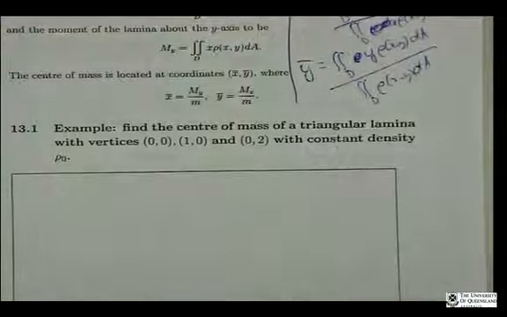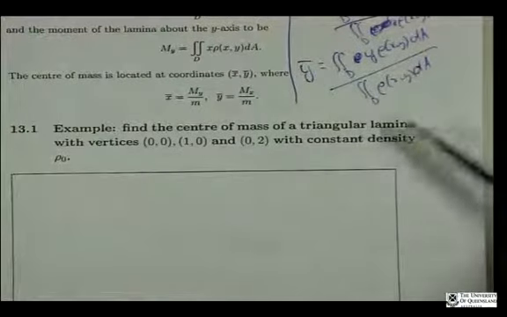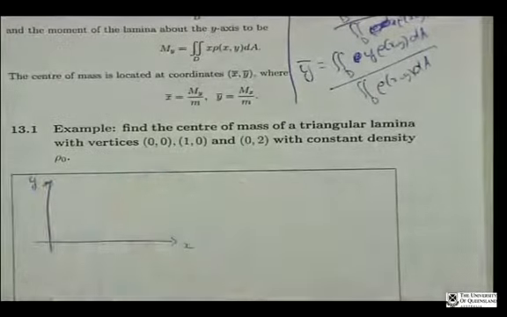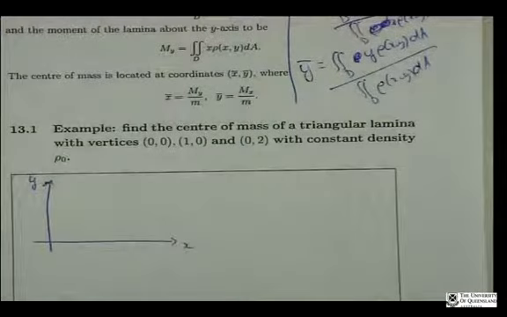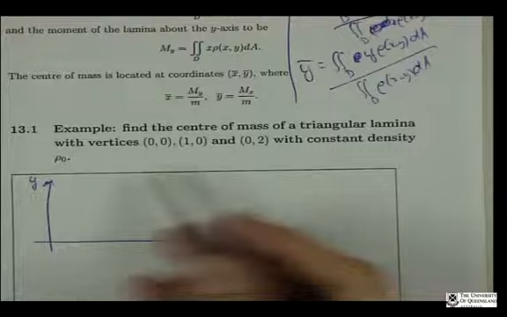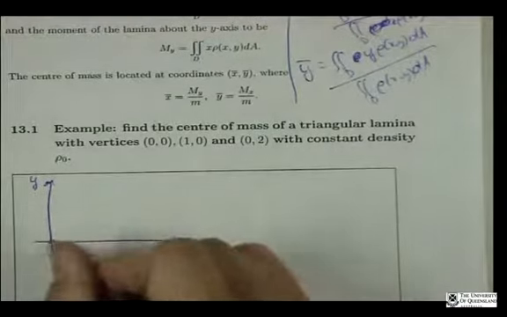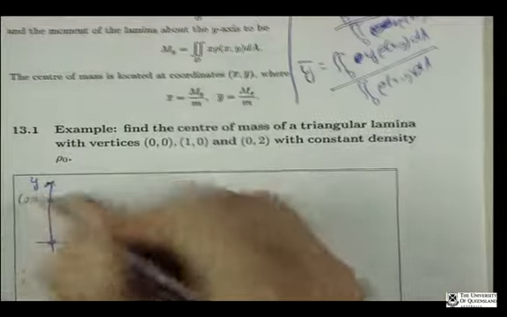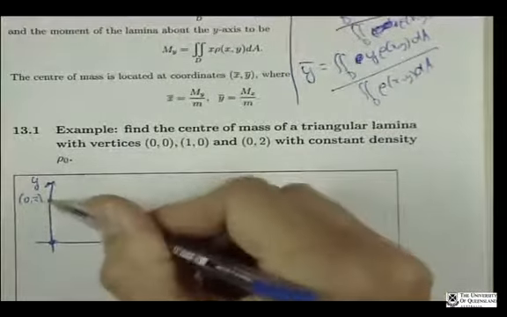Okay, so let's find the centre of mass of a triangular lamina with these vertices. So let's just draw a diagram in the xy plane. The vertices are located at x equals 0, y equals 0; x equals 1, y equals 0; and x equals 0, y equals 2.